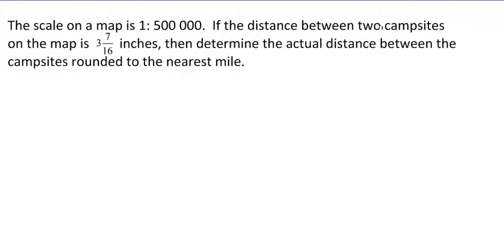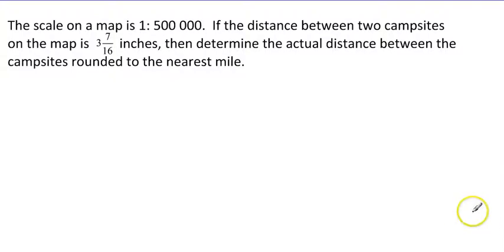And let's go on. Scale on a map is 1 to 500,000. So remember that means 1 unit on the map is 500,000 units on the ground in real life. The distance between 2 campsites on the map is 3 7/16 inches. Then determine the actual distance rounded to the nearest mile.